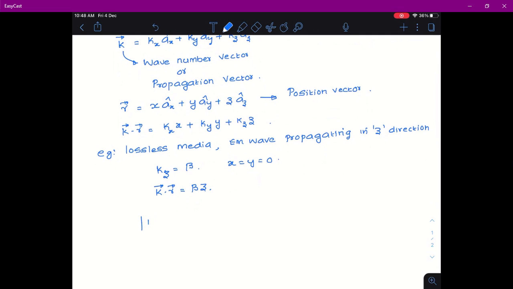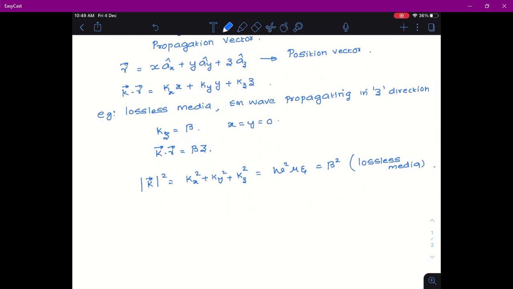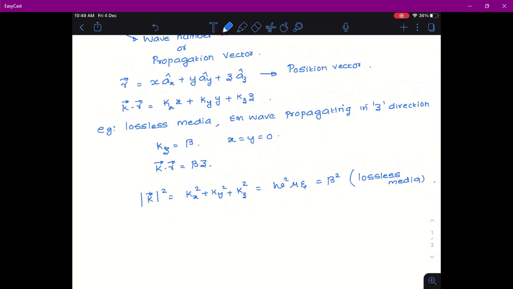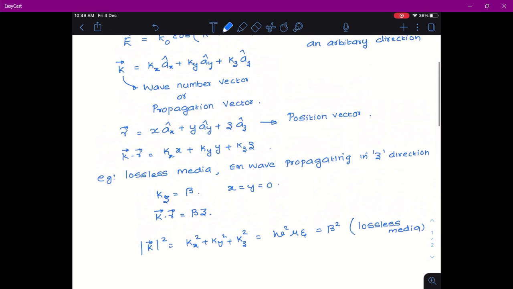Now the magnitude square of k is kx square plus ky square plus kz square. This is actually equal to omega square mu epsilon, which is equal to beta square. This is for a lossless medium. So, using this general equation, you can find out the wave traveling in any particular direction, and all these things we have seen previously.